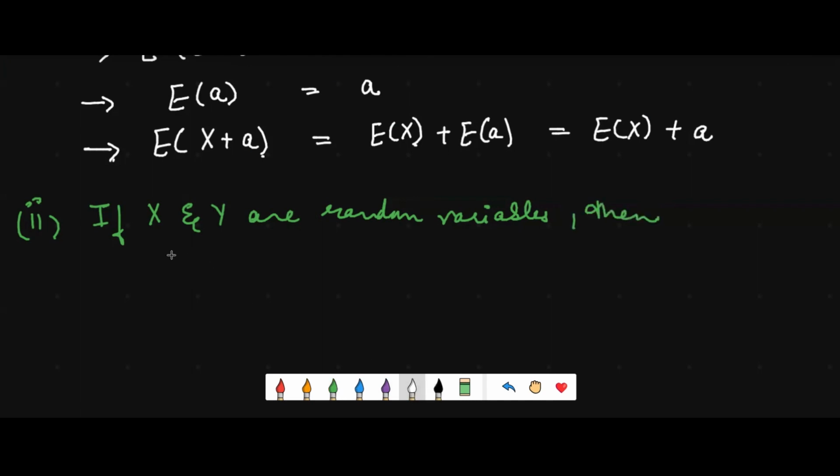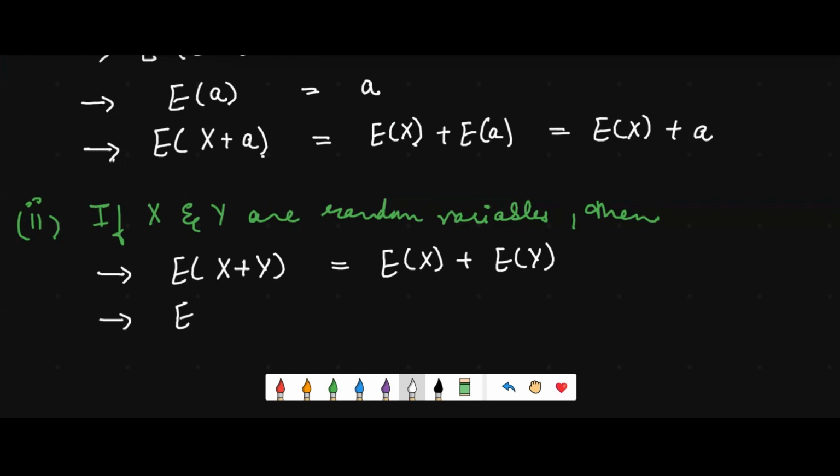Then the expected value of X plus Y would be E of X plus E of Y. This same property we have used in the last one that I have written. And similarly, when you want to find out the expected value of X minus Y, then that is E of X minus the expected value of Y.